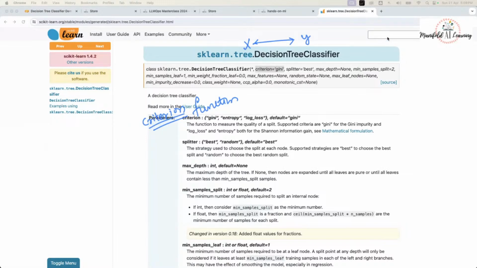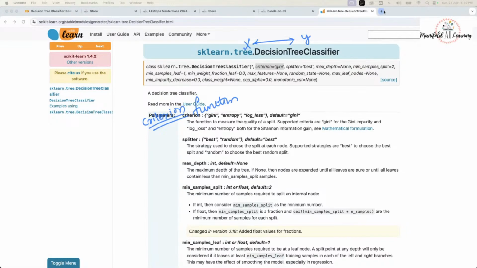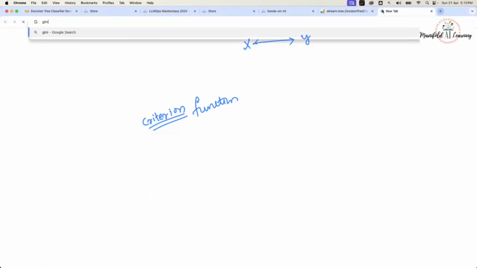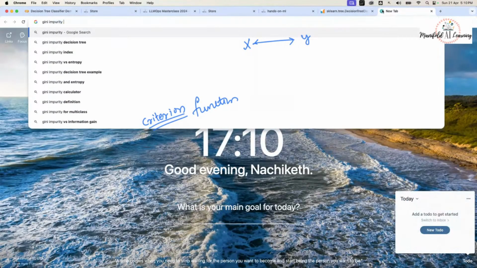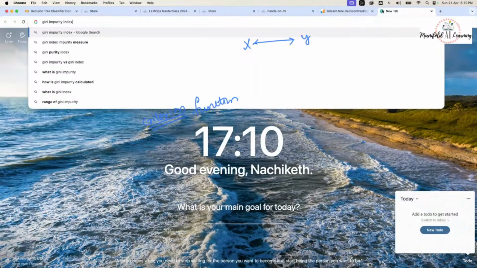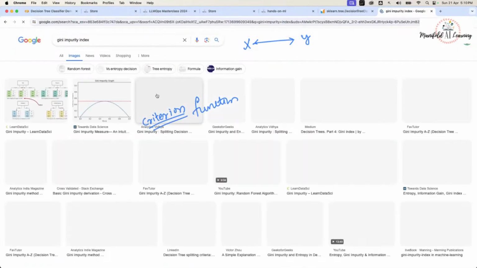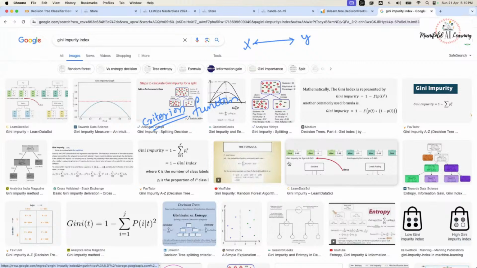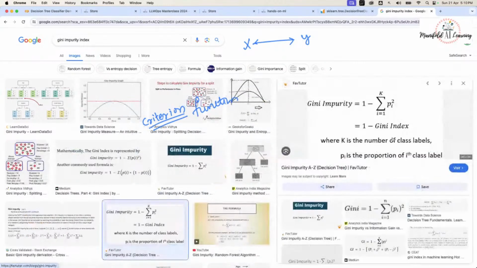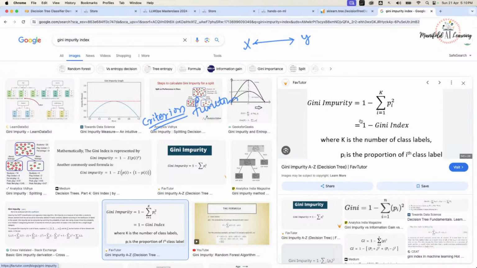Let's have a look at the equation. If we take a quick look at the Gini impurity index formula, it is given by 1 minus the sum of p_i squared. That's going to return the value of the Gini impurity index.